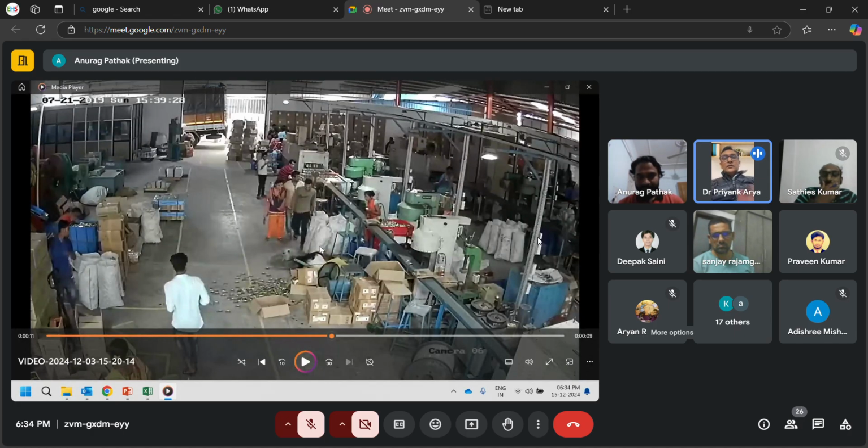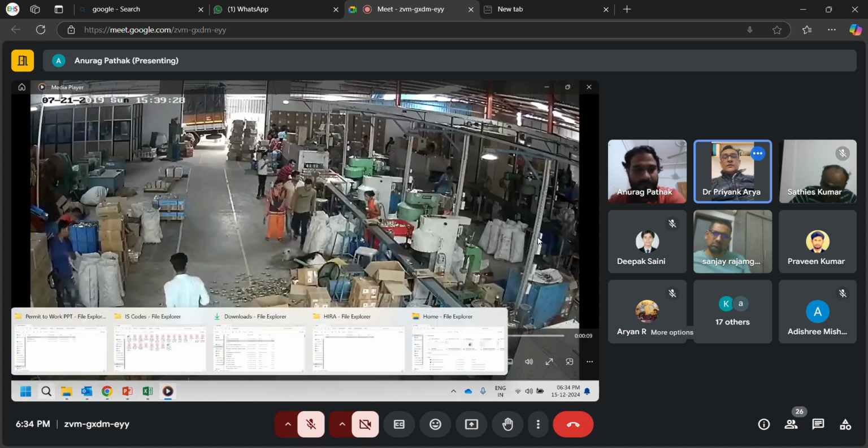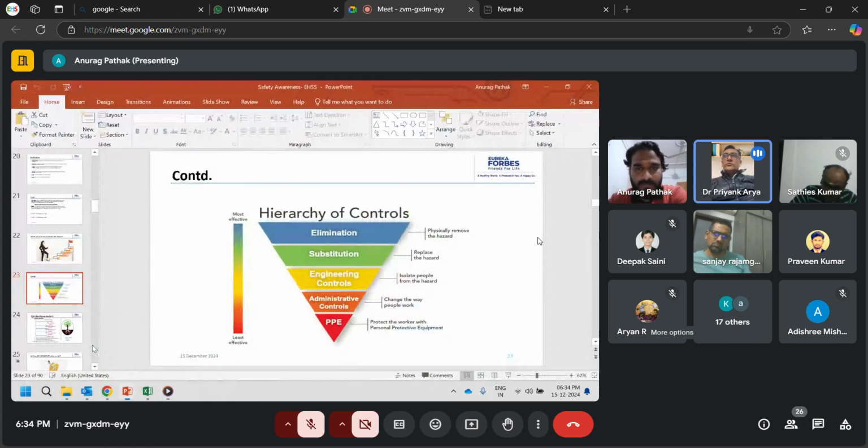Everyone is having different views by seeing this accident. But in short, the way we have to eliminate any hazard, first of all, there are some standard procedures and protocols to prevent any accident. First of all, you can note down. First is, I think, yes.